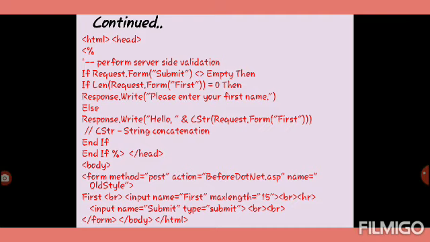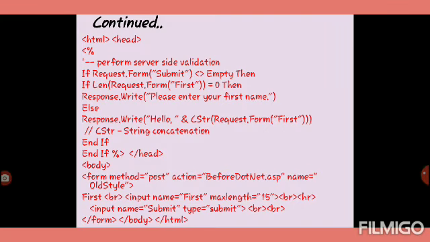Now, if not first is filled, what will happen? If Request.Form submit is not empty, which means the submit button was clicked, then it will check Request.Form of first. Form is the collection, and first is the name of the text box. If it is empty, then it will give the message please enter your first name.